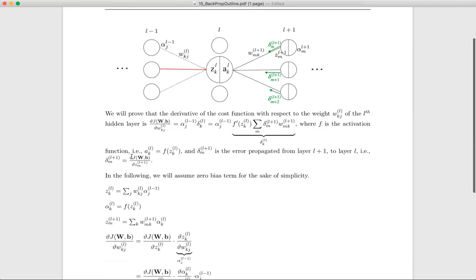Before we do that, let's start with some expressions that result from the forward propagation of the neural network between layer L-1 and layer L+1.